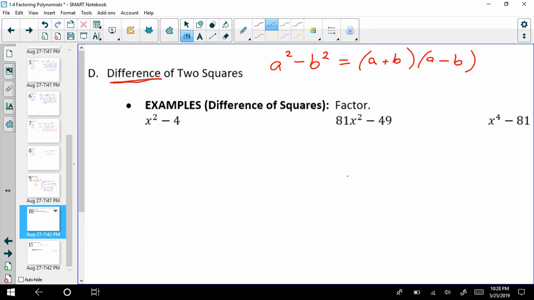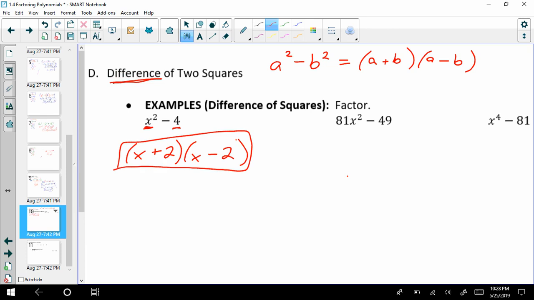So let's try this example. X squared minus 4. Well, x squared is x times x, and 4 is also perfect. It's 2 times 2. So this factors into x and x, 2 and 2, one of each sign. And it's done.